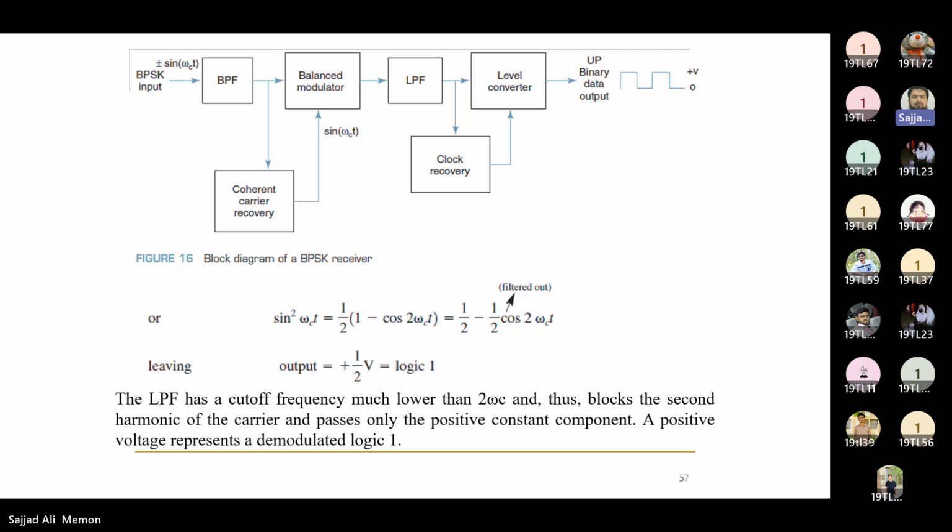The only remaining thing is the 1/2. That is plus 1/2, so it will be logic 1. The low pass filter has a cutoff frequency much lower than twice omega c, and thus blocks the second harmonic of the carrier and passes only the positive constant component, a positive voltage, the demodulated logic 1.